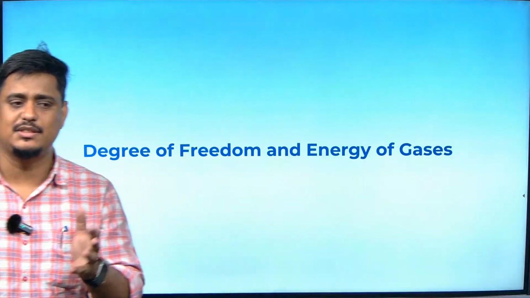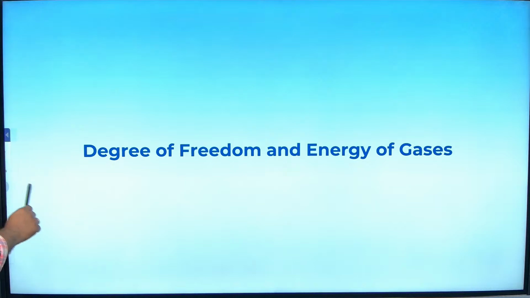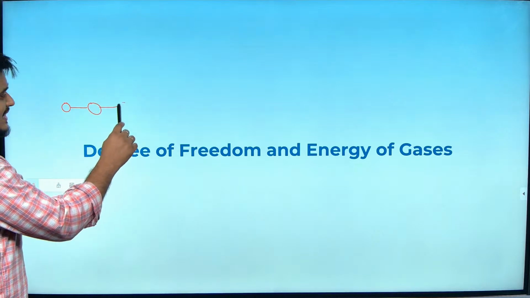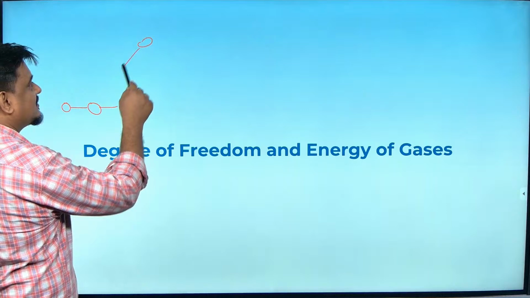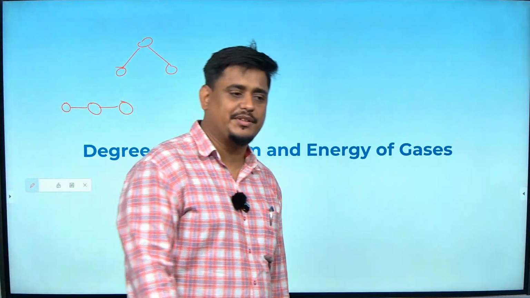We have triatomic gas where we have 3 atoms. Those 3 atoms can be in linear shape, which is called linear triatomic, or in non-linear shape, which is non-linear triatomic.